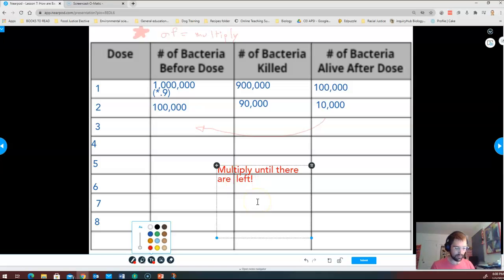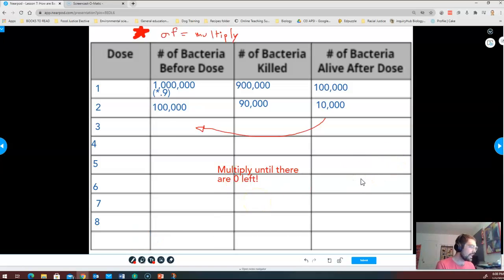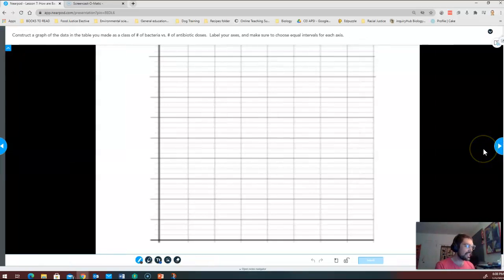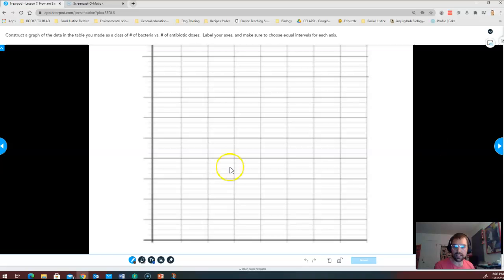That says O, but I meant 0. Okay. And then once you've finished this, you're going to take that information and start working it on a graph.